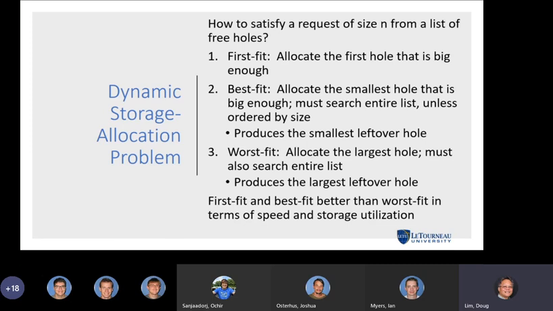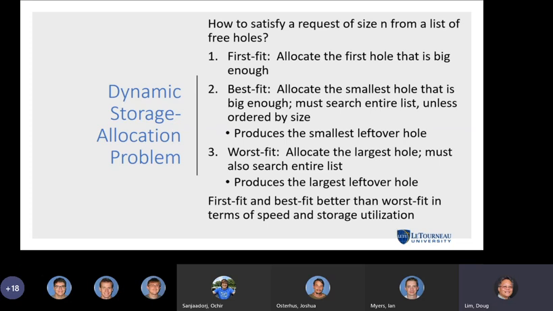So how do we satisfy a request of size n from a list of free holes? We may have enough space, but it may be scattered across multiple holes, or there may be multiple holes we can choose from that may be big enough, but which one do we choose? One solution for picking a free hole to fulfill the memory request from this process is first fit.